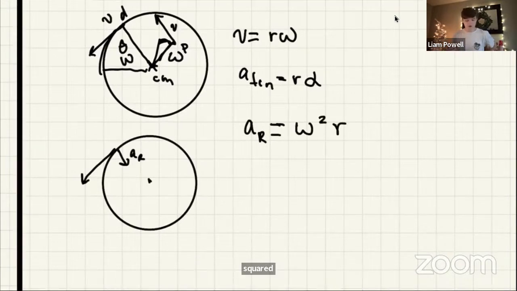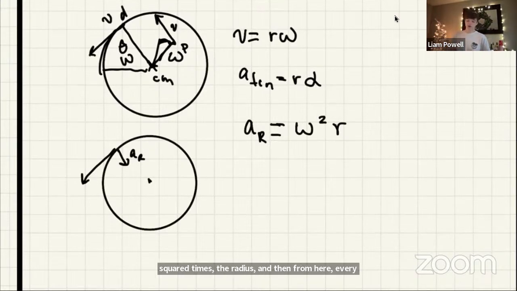Every point on a rotating circle has centripetal acceleration, except that it changes based on how far out you are. If you're farther out, your velocity is greater, so you're moving away faster, so you need a bigger acceleration pulling you in.